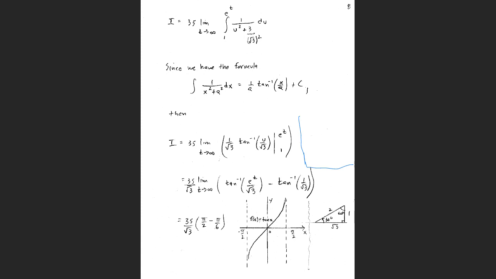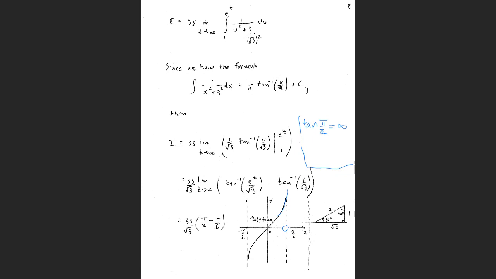Based on the graph of the tangent, which everybody should know, everybody knows, or should know, that the tangent of pi over 2 equals infinity, because as Maria noted, at pi over 2 the graph goes up to infinity.